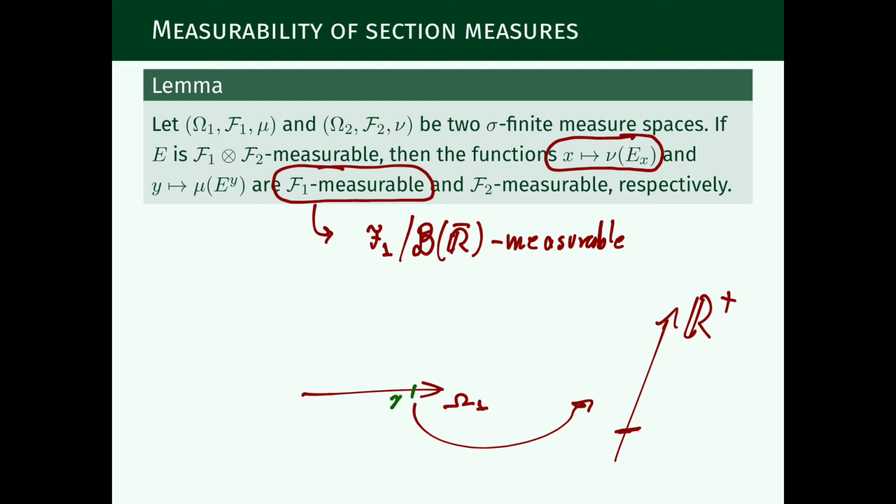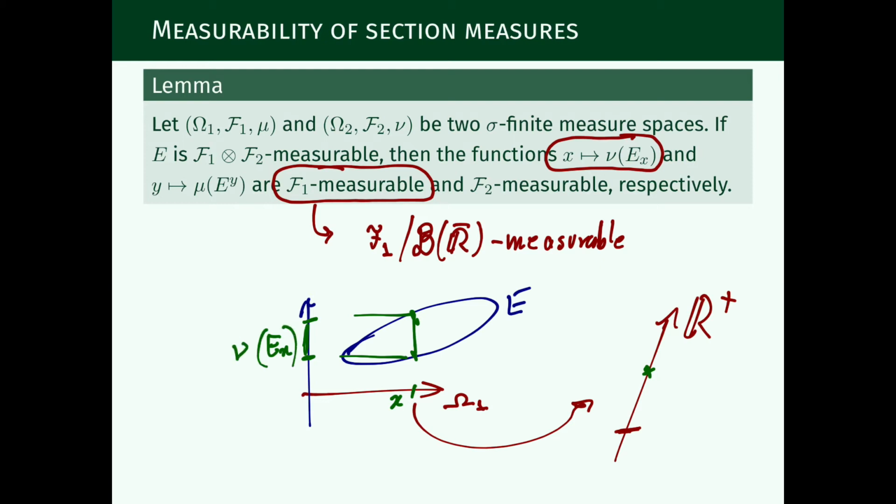So this is the function that to each point x associates a number. And now how do we compute that number? Well, we have the set E, which is fixed, and then once we take the point x, we can talk about the section by x. The section by x determines a set here, E_x. We can compute the measure of that set, and this is the output of this function.